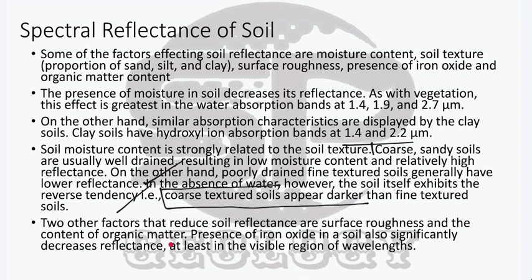If you are considering water, then the well drained coarse grains will show higher reflectance and the fine grain will show lower reflectance. But if there is no water in the soil, then the coarse grain will appear darker.